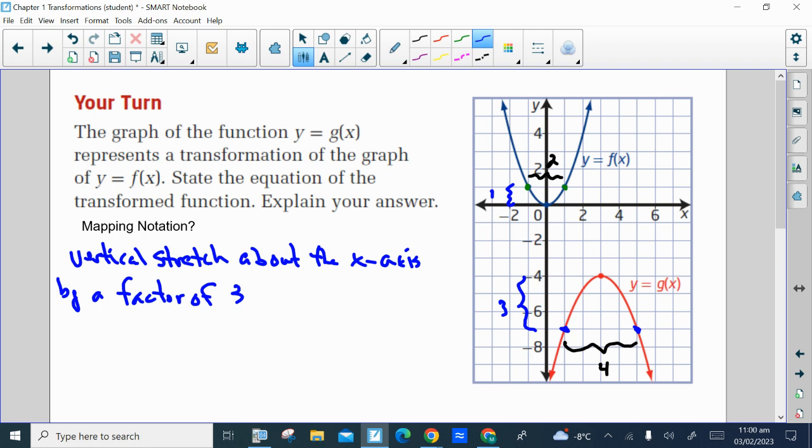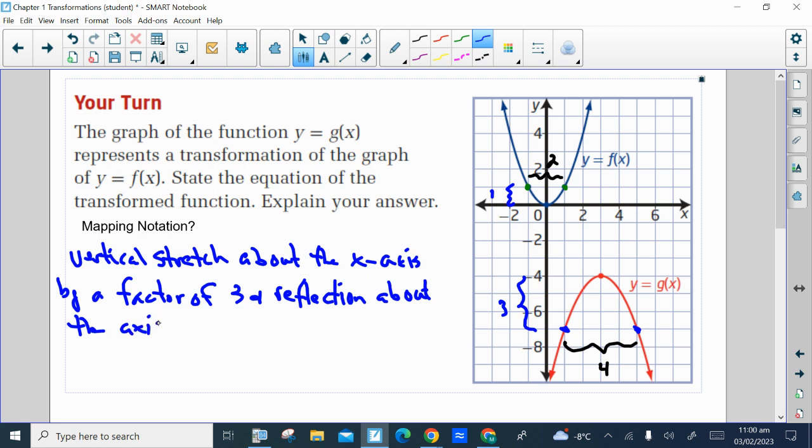So a vertical stretch by a factor of 3 and a reflection about the x-axis. All these things together mean that our a value is -3. The negative part will do the reflection, the 3 will do the stretch.